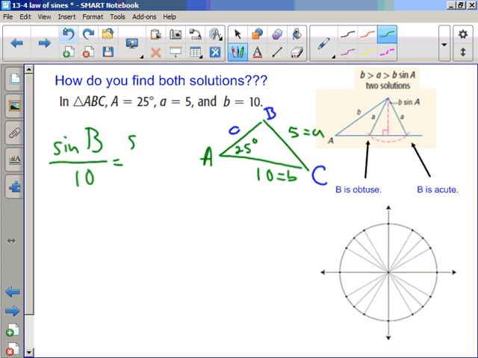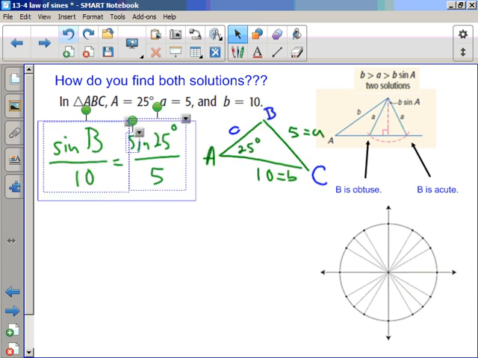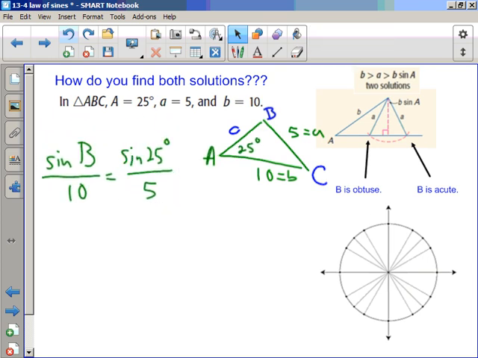So we just start doing a problem as if it was a regular problem we were doing before. Okay? So you set it up. Maybe pause and figure out why that's got to be the case. That's what we're doing today in class. And so we get sine of B equals 10 sine of 25 degrees over 5. Okay?